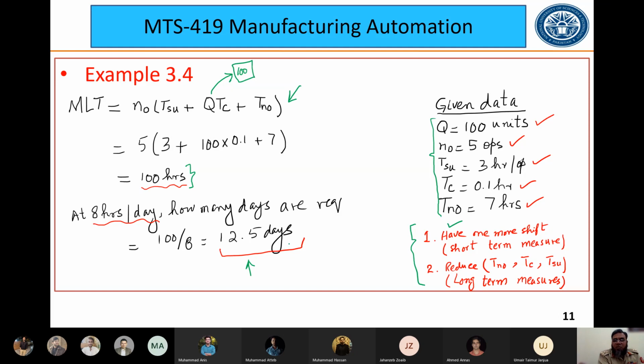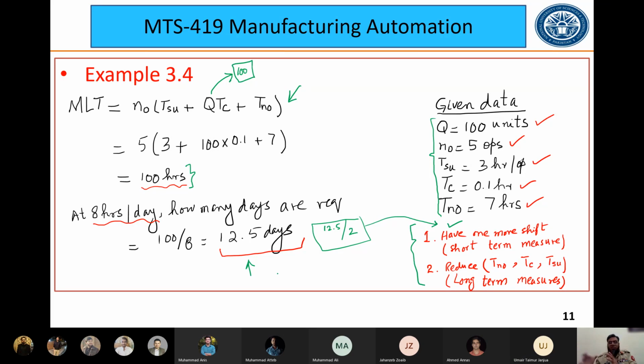If I start working in 2 shifts a day, 8 hours a shift, how much time would I require to complete the job? So that will be actually 12.5 days by 2. So it will become half if I have one more shift a day. Very good. So this is a short term measure.